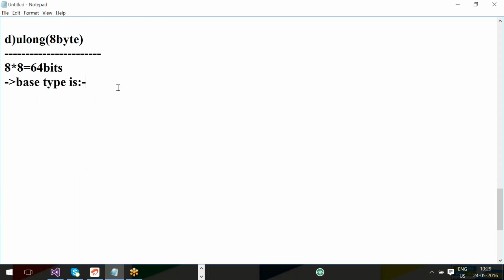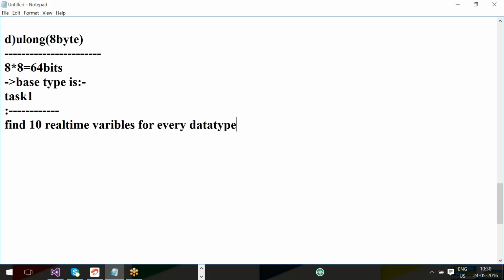Now I have already given tasks, and again I am giving you tasks because you should be very strong in these data types. Task 1: find 10 real-time variables for every data type, so 8 into 10, you have to find 80 variables, and send to me.